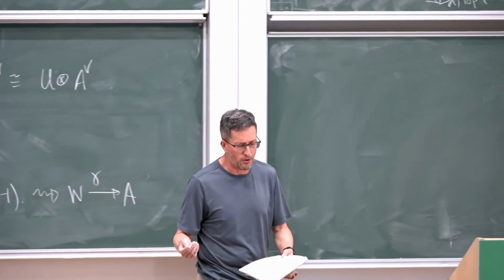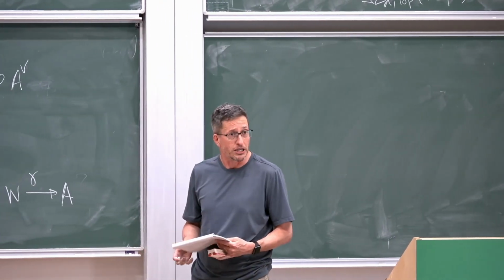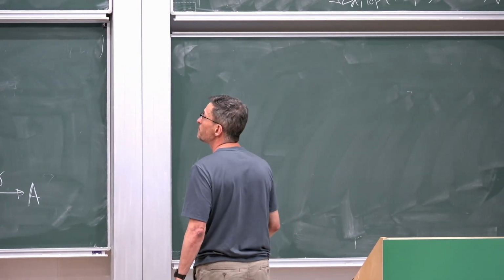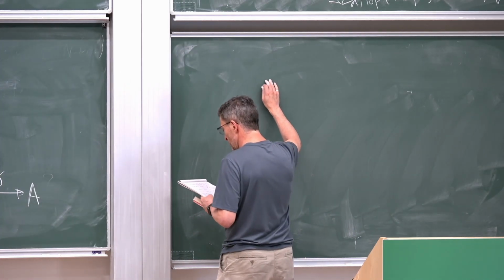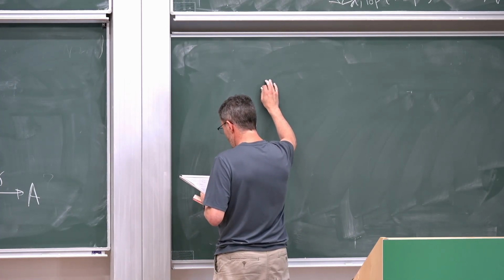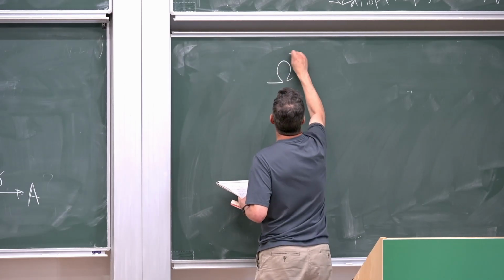So let me show you how we would apply this to topology. Maybe I'll come here. I want to save that, or I can put it up later. So, what does the theorem say?